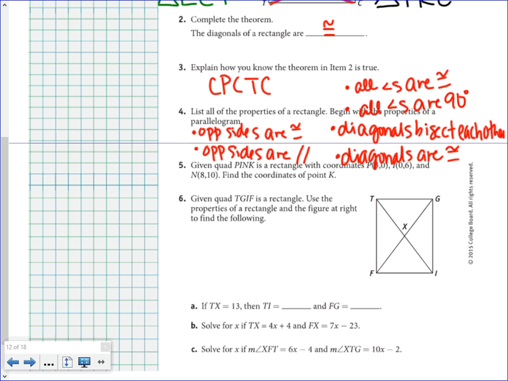Now we're going to look at number 5. Given the quadrilateral PINK, that's a rectangle, and then they give us coordinates for P, I, and N, we want to find K. So one of the easiest ways to do this is to graph your points that they give you.